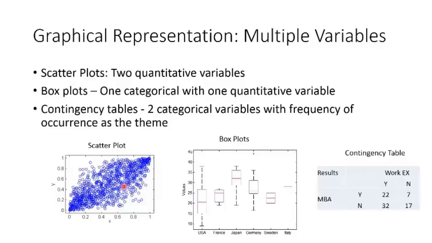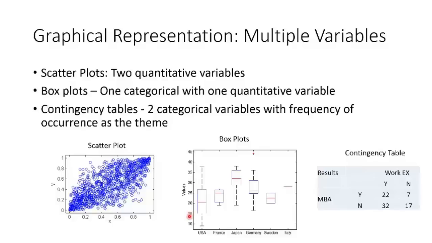Usually, you can extend to box plots if one of your variables is categorical and the other is quantitative. Let's say you're interested in one variable which is country and another variable which is some indicator of the economy or crime or whatever. I've just called it values here because it doesn't matter, but this variable is quantitative.